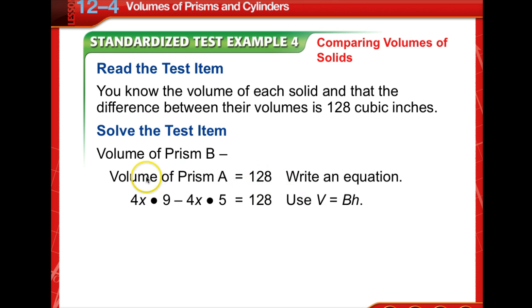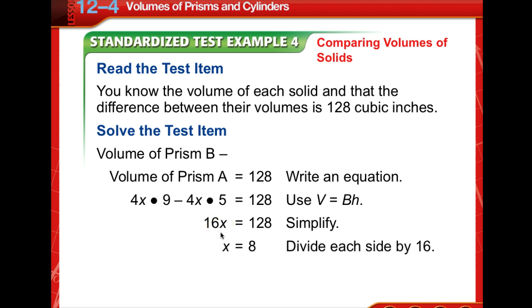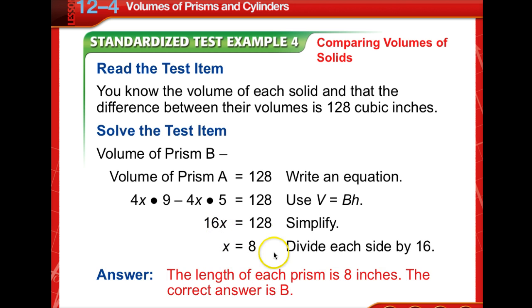We can write our equation: 4x times 9 minus 4x times 5 equals 128. 36x minus 20x is 16x. Now simply solve for x. So the length of each prism is 8 inches. So the correct answer would be B.